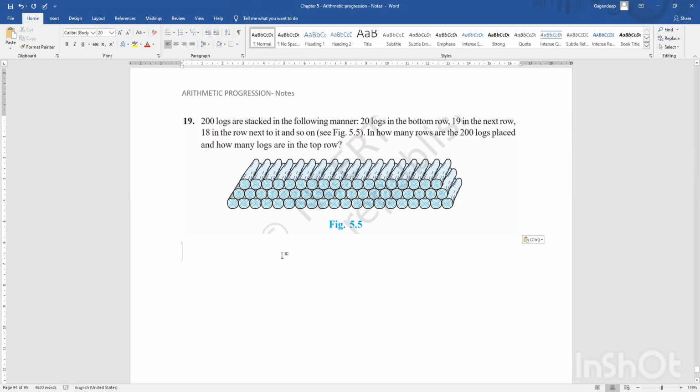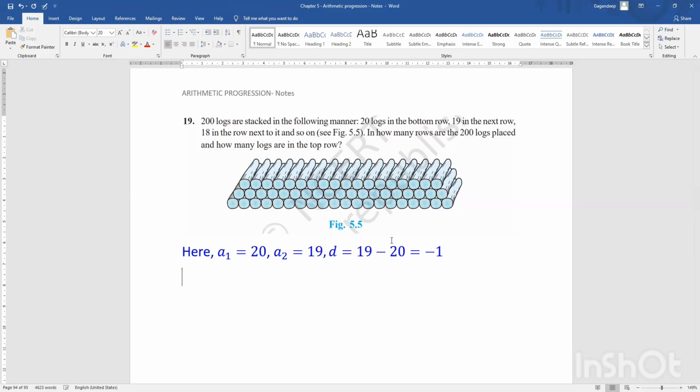So now here we have A1, that is 20. Take A1 as 20, the first, that is the bottom row. Then above that row is A2, which is nothing but 19. Then what is the D value? Second term minus first term, that is 19 minus 20, which gives you -1.